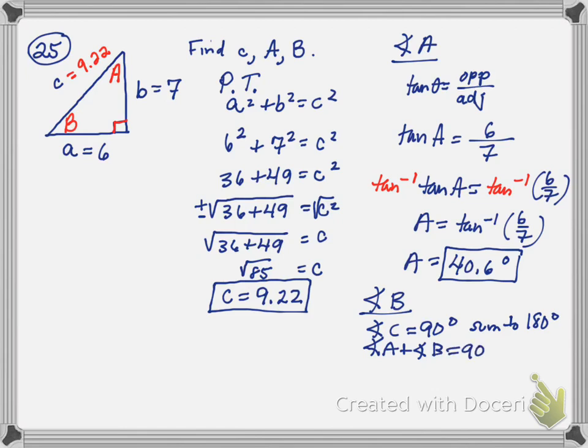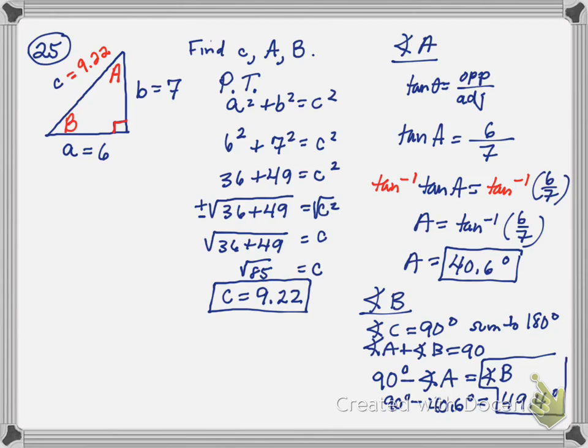So I just found angle A, and if I take 90 degrees minus angle A, which is 40.6 degrees, I'm going to get an answer for angle B, which equals 49.4 degrees.